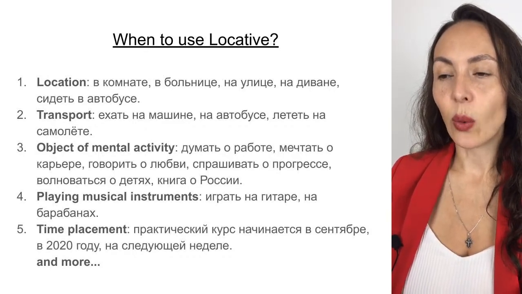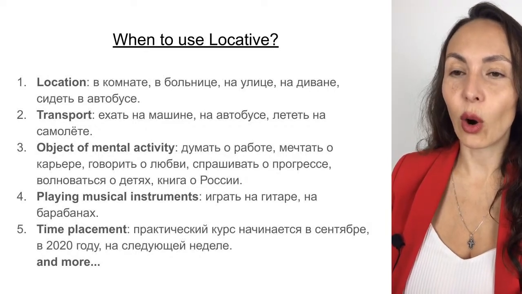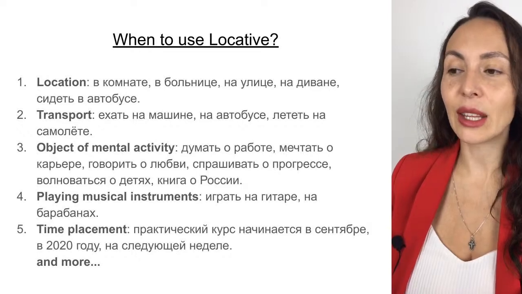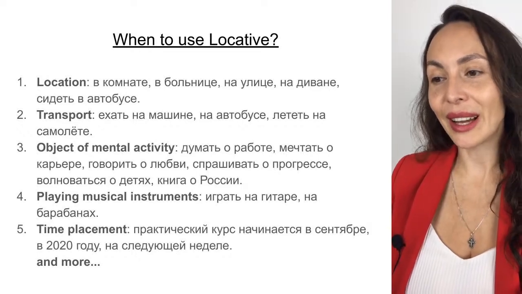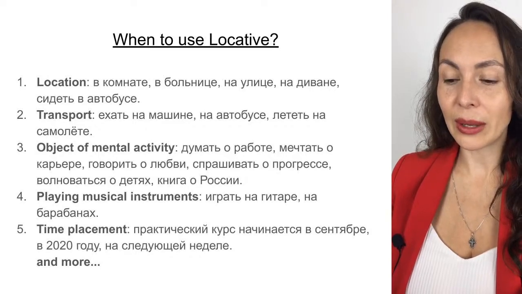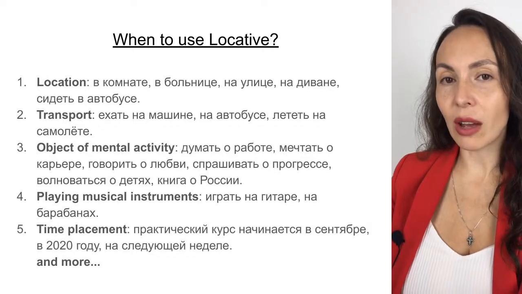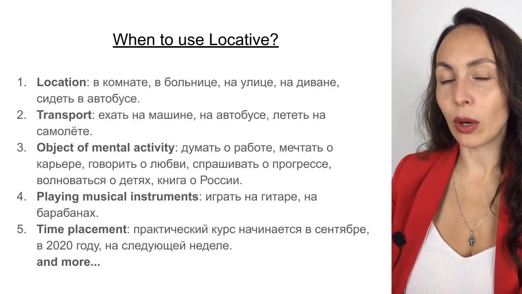So, when do we use locative? Obviously, when it's location. В комнате, в больнице, на улице, на диване, сидеть в автобусе. Сидеть в автобусе. When we're not driving, we're not moving anywhere, we're just sitting inside.